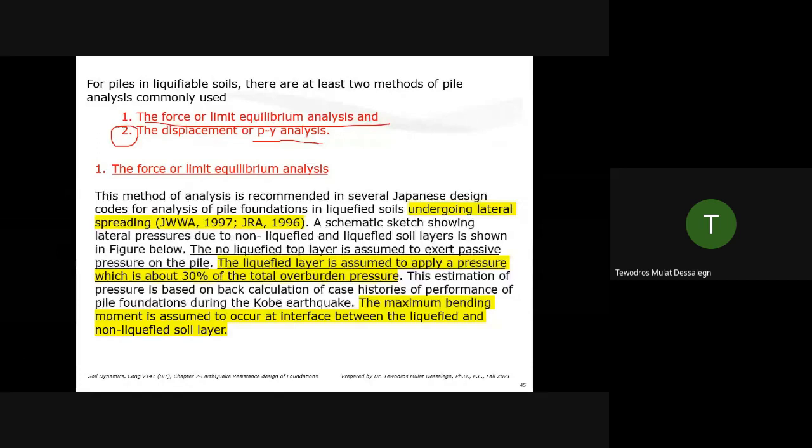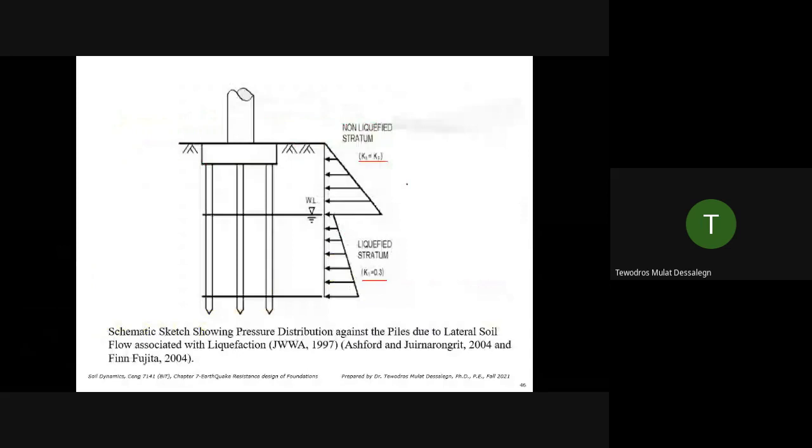In the force limit equilibrium analysis, this method is recommended in several Japanese design codes for analysis of pile foundation in liquefiable soils undergoing lateral spreading. So what it does is, let's say you have a liquefied stratum. Let's say this one is liquefying. Let's say this pile is socketed in a bedrock.